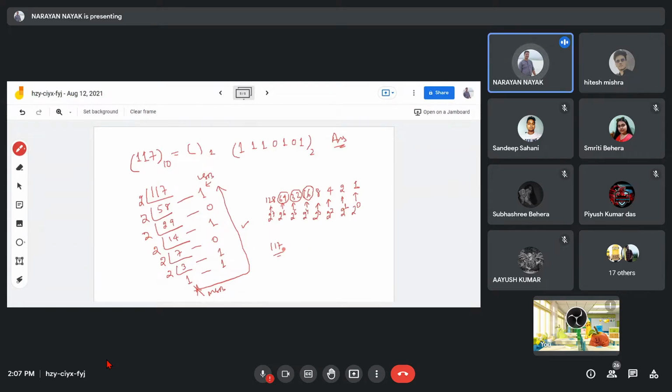Now again 5 remains, so 4 plus 1. So 64 is 1, this is a 1, this is a 1, this is a 0, this is a 1, this is 0. This is your answer. Clear? So this way you have to do. You can do it this way or that way.